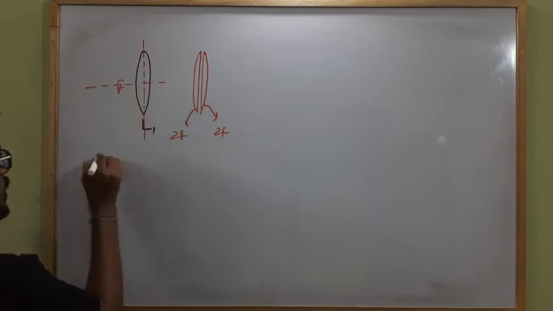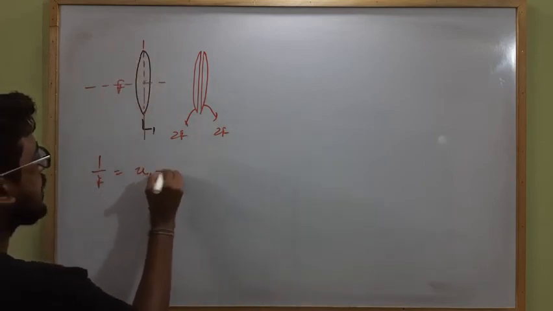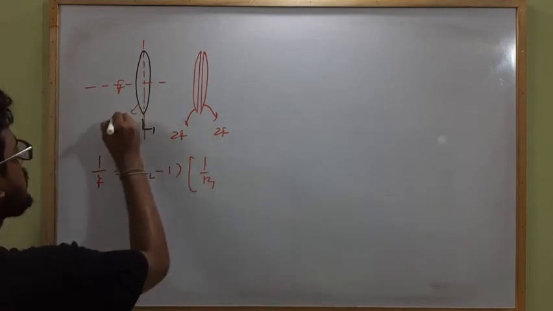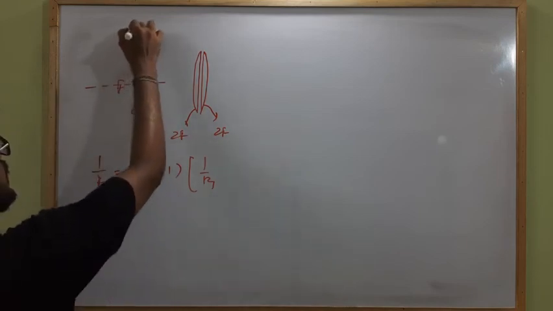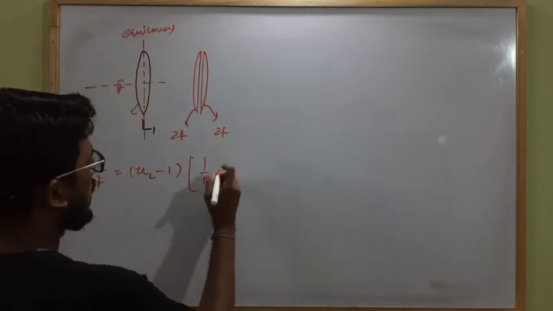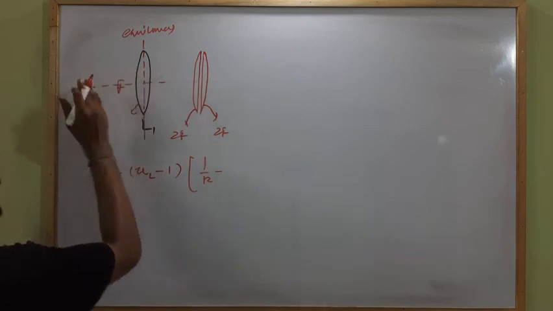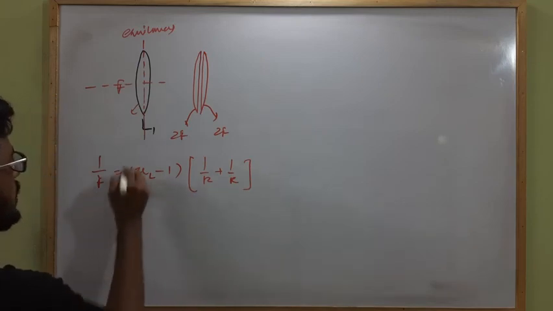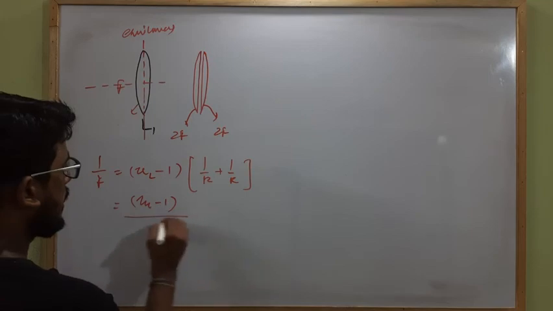So what is the focal length? We can write 1 by f equals, let the surrounding medium be air, mu of lens minus 1 into (1 by r1 minus 1 by r2). Let it be equiconvex, so r1 and r2 are the same: 1 by r1 along this direction is positive, and minus 1 by r2 along the other direction is also plus, so it gives 2 by r. So the focal length of this will be 1 by f equals (mu l minus 1) into 2 divided by r.